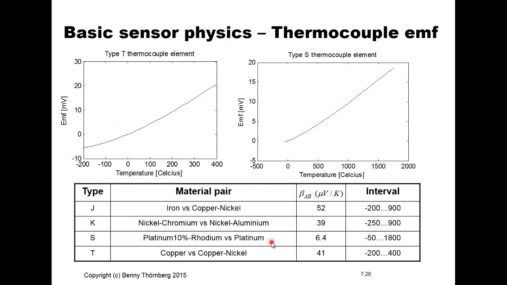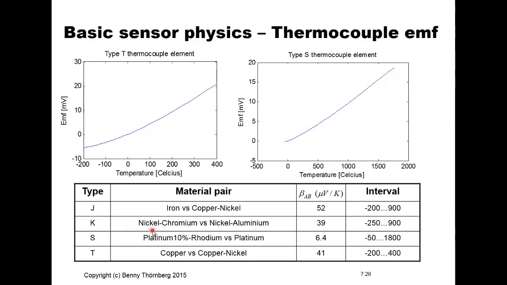And we can have different kinds of material coefficient depending on the pair of material that we are using. Iron versus copper nickel. Copper nickel then is an alloy, and it is classified as the type J of temperature sensor.